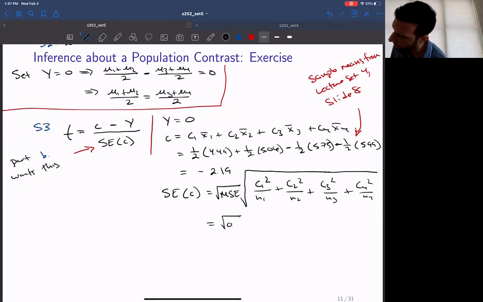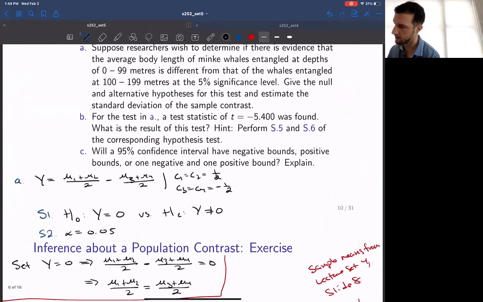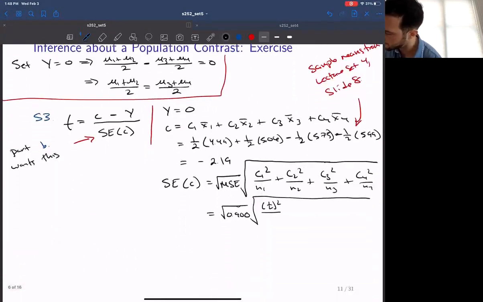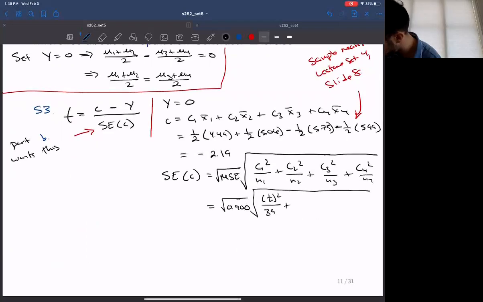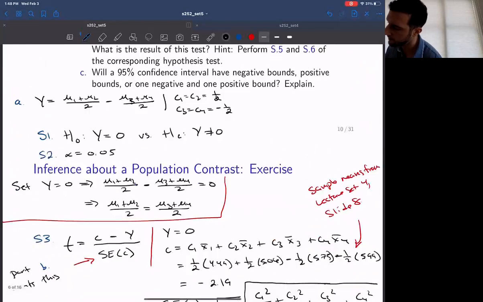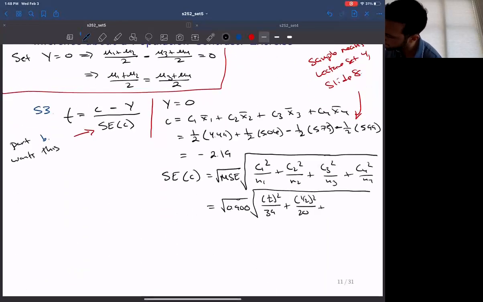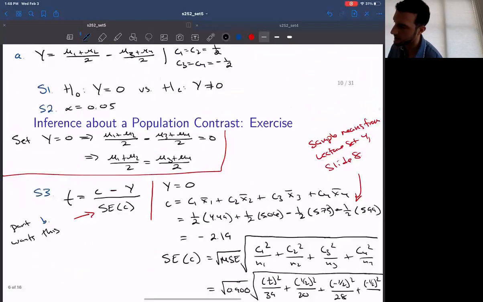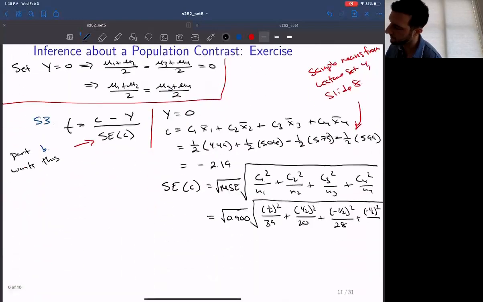So that's the square root of 0.990 multiplied by (1/2) squared divided by 39, plus (1/2) squared divided by 20, plus (negative 1/2) squared divided by 28, plus (negative 1/2) squared divided by 14.